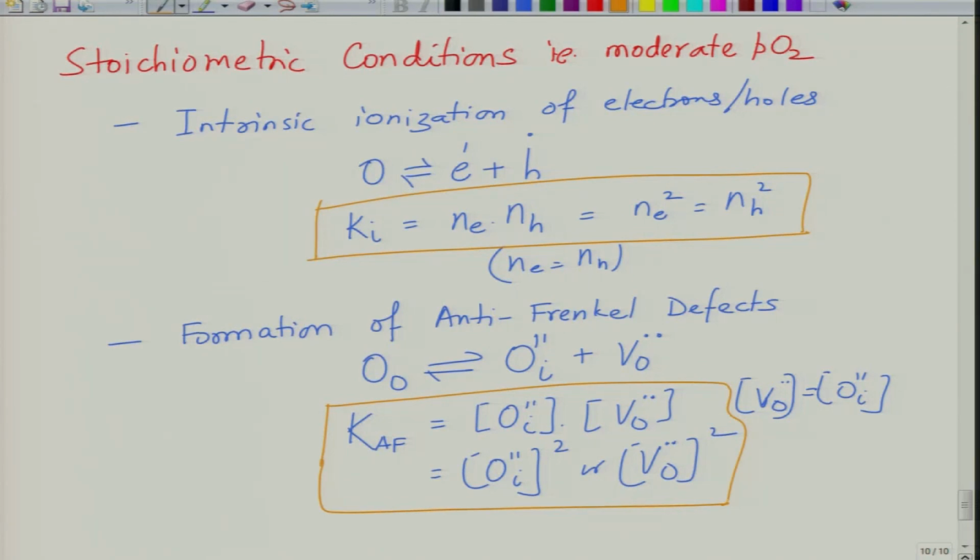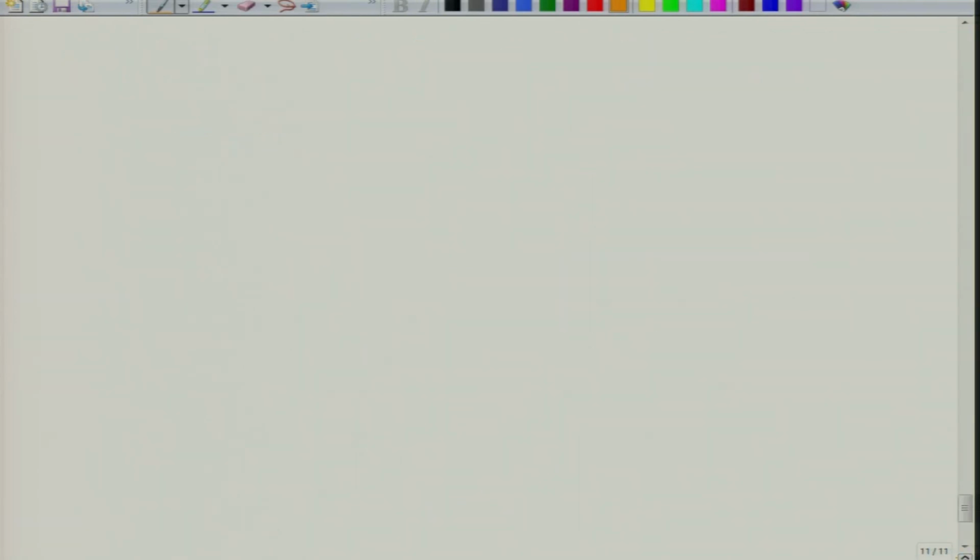Okay, and if you consider these four reactions, then you can, so I will leave that for you to prove, but you can write KAF into KI square is equal to KR into KO.